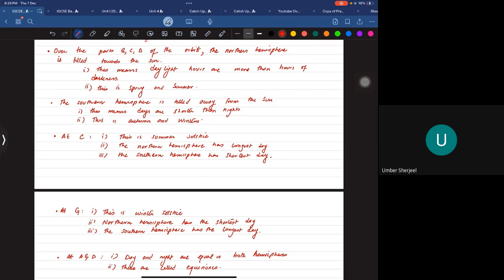Because G and C are specific dates. The other parts are different. A, B, and H are northern. D and F are southern hemispheres. Okay, fine.